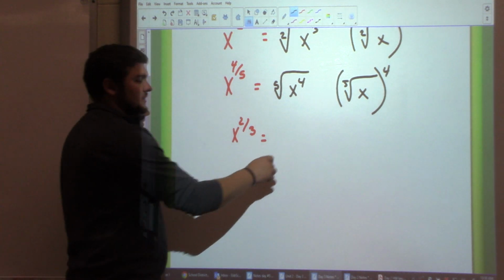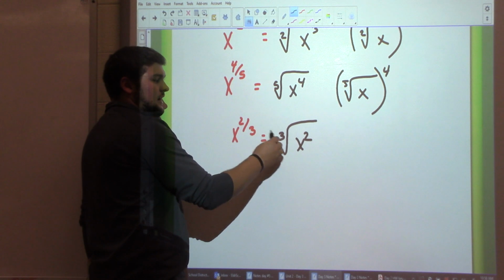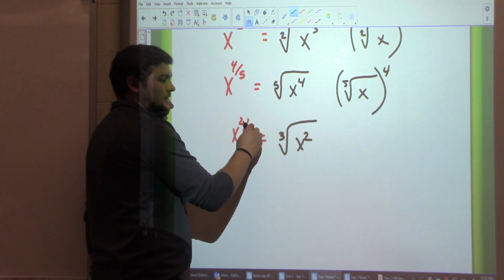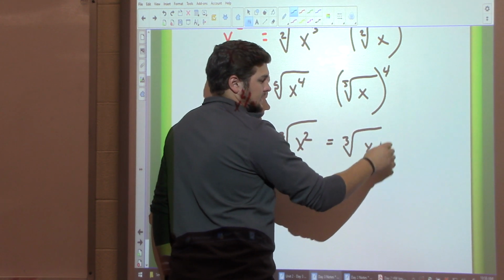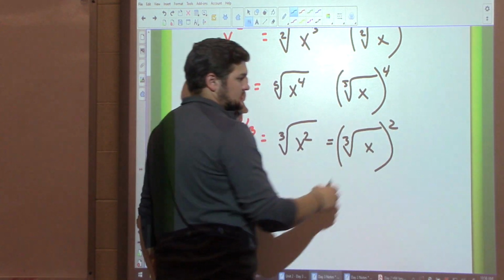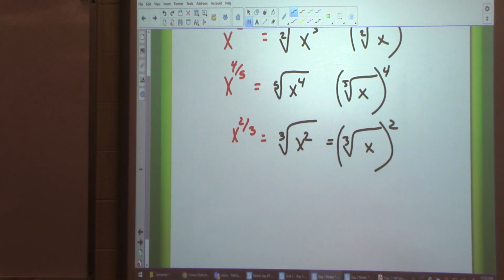And lastly, it should become the cube root of x squared. Denominator becomes the root. Numerator becomes the power. Same thing, cube root of x squared. Okay? Any questions? It's really quiet today.